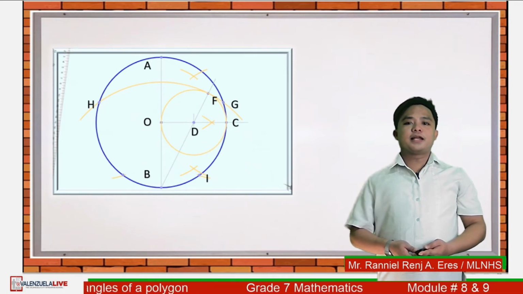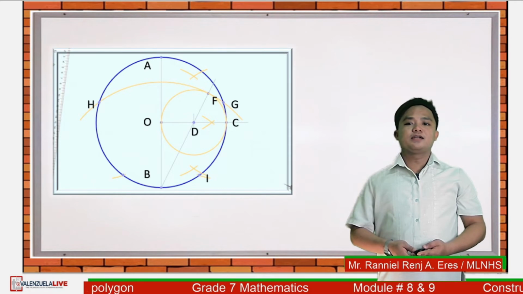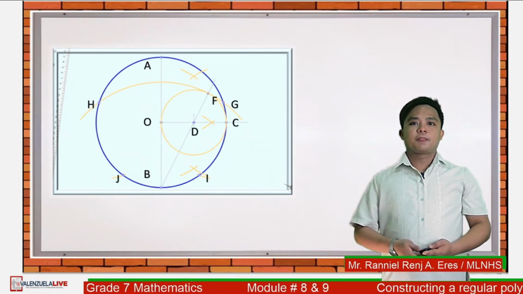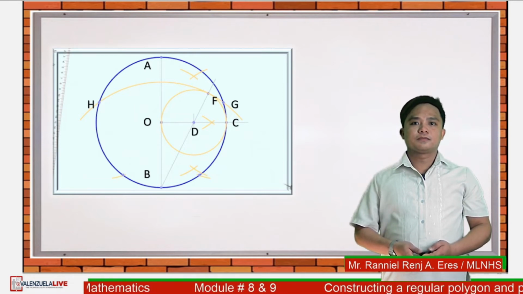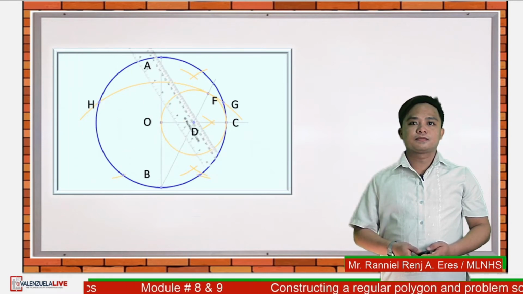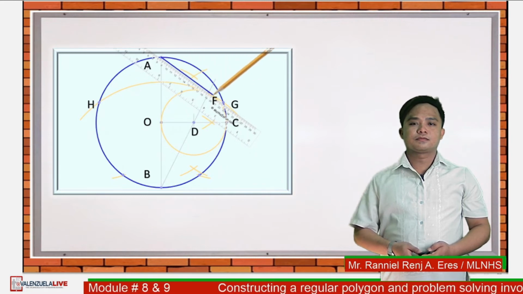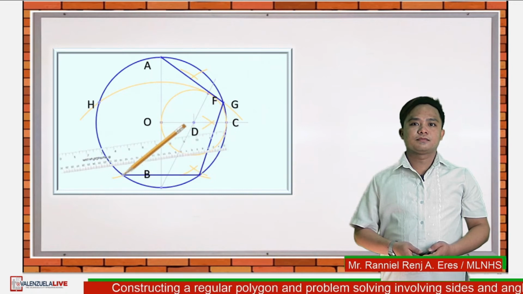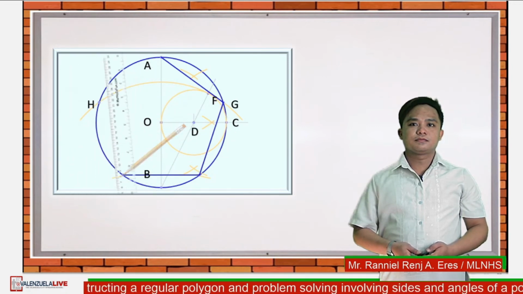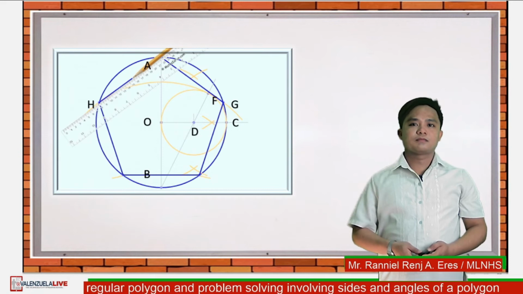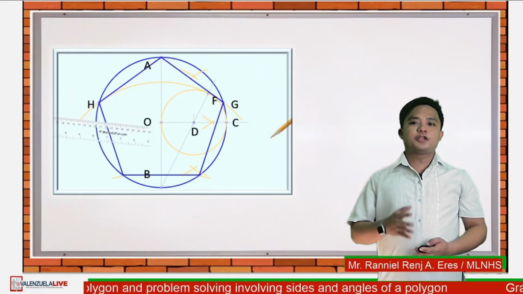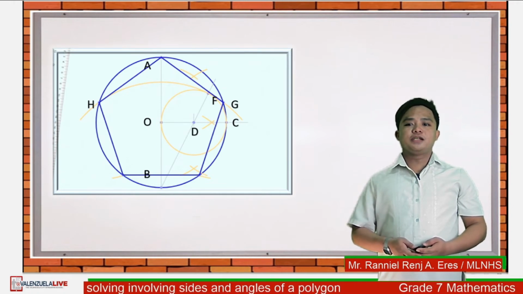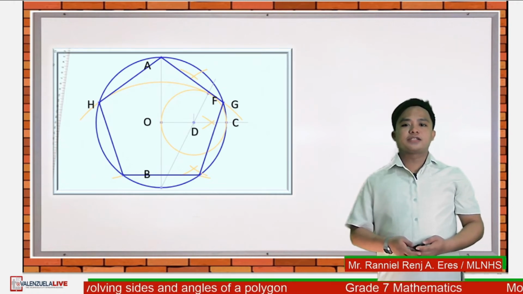Next, draw a line between each point A, G, I, H, and J. And we are done. The result is regular pentagon AGIJH inscribed in the circle.